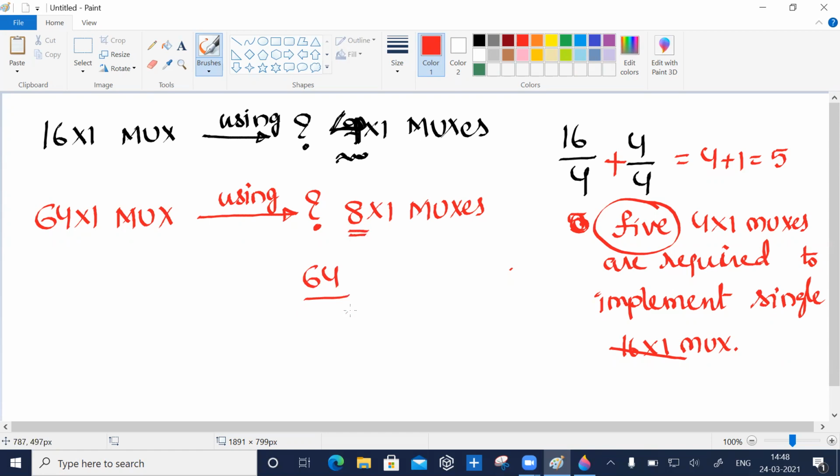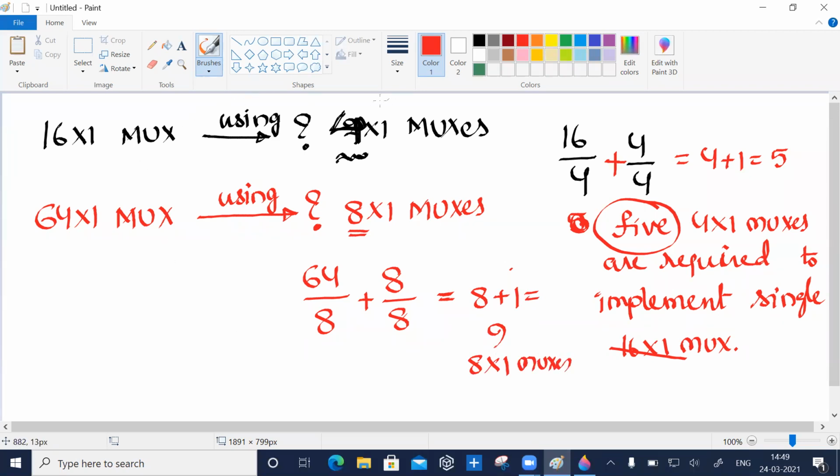Okay, good. So 64 by 8 I will do. So 64 by 8 equal to 8. Again divide by 8. I want only integers. So 64 by 8 is 8 plus 1 equal to 9. So I require 9 8 by 1 muxes.